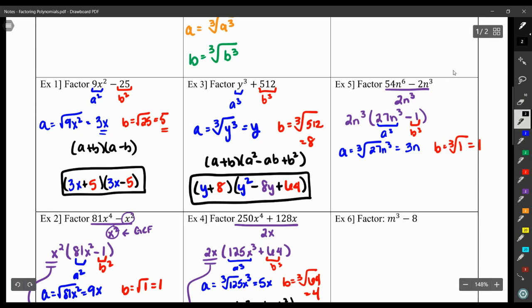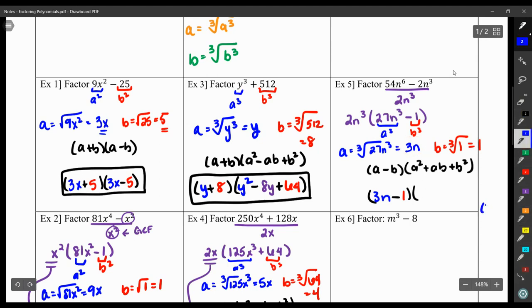So these are in fact both perfect cubes, so we're going to use the layout for difference of cubes, a minus b times a squared plus ab plus b squared. And so if we put these in where they go, a is 3n minus b, which is 1, times a squared. Now, a is actually 3n.